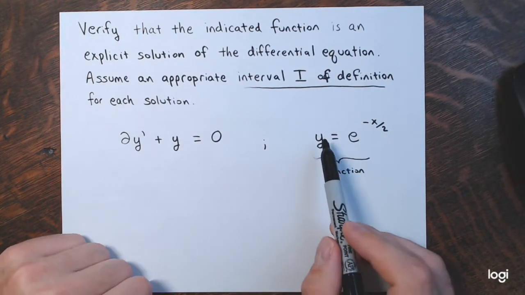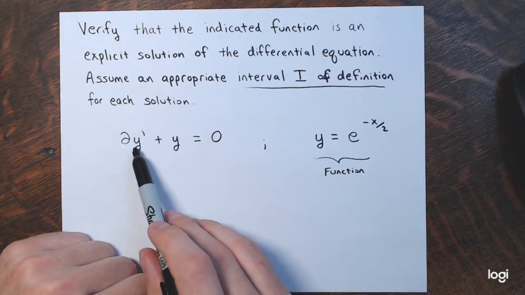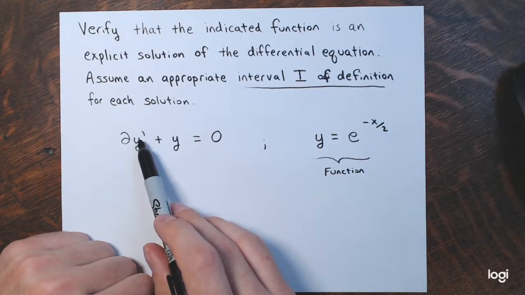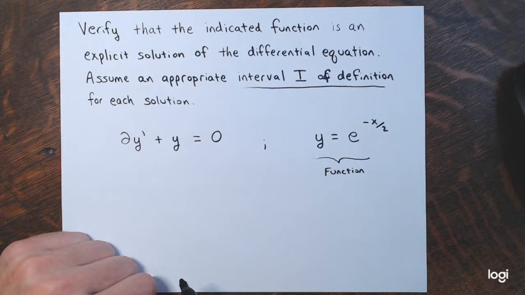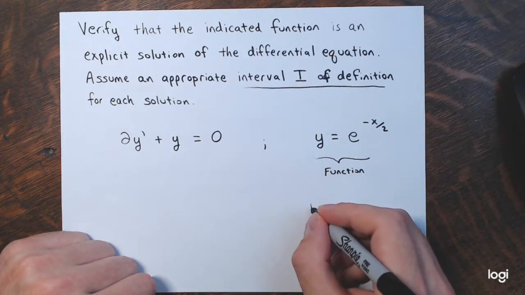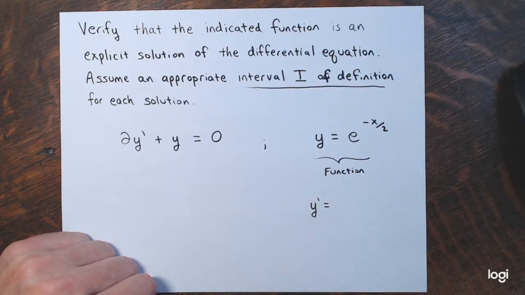I can substitute e to the negative x over 2 for y. I need to figure out what y prime is, substitute for y prime, and see that this equation holds. Hopefully you remember your calculus, differentiation.